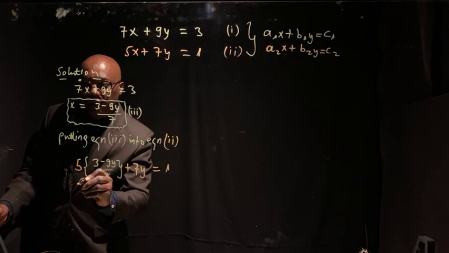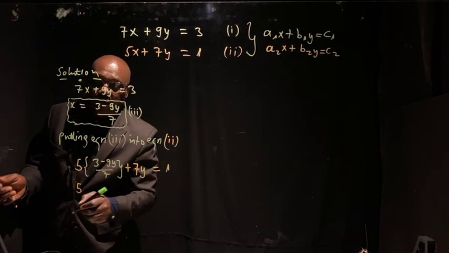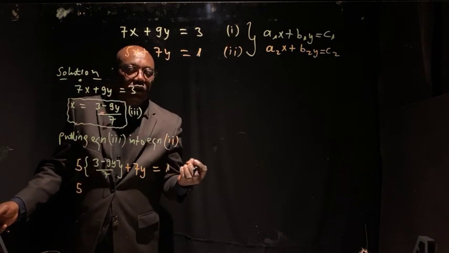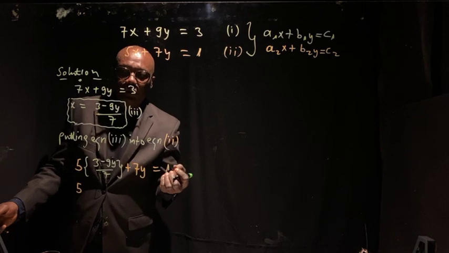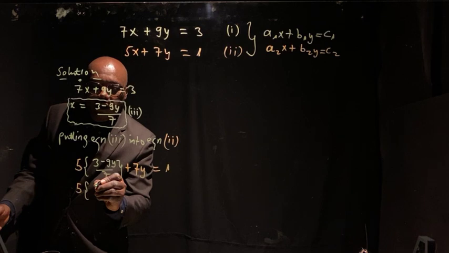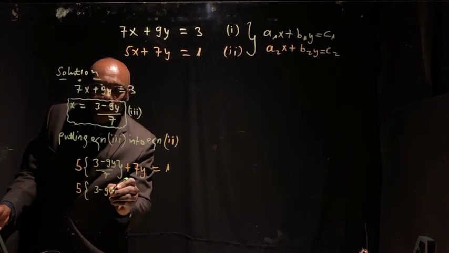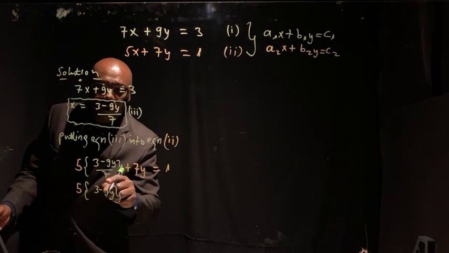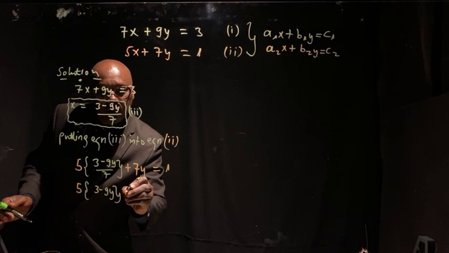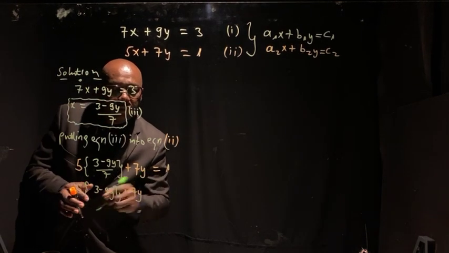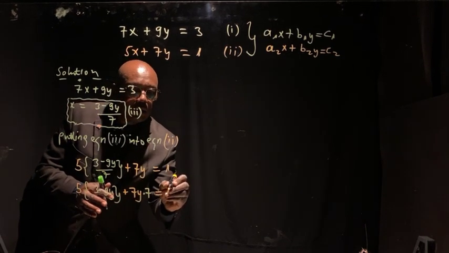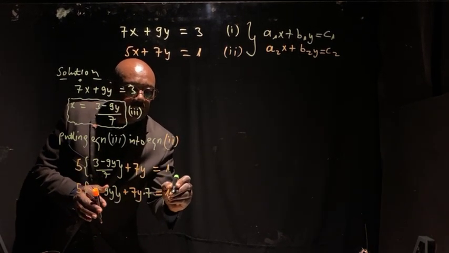In that case, the reason why I'm moving very fast is that, at this time, your algebraic proficiency is quite good, so you can follow what I'm doing. So it becomes 3 minus 9y. We are multiplying both sides by this denominator, so it becomes plus 7y being multiplied by the 7, equals 1 being multiplied by the 7.